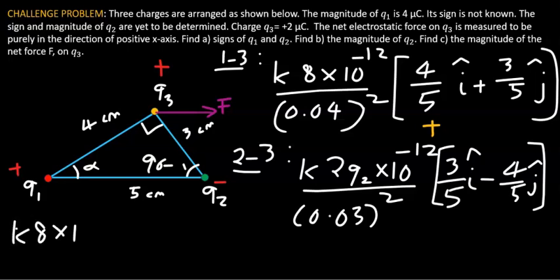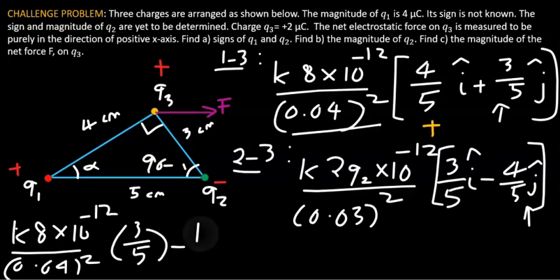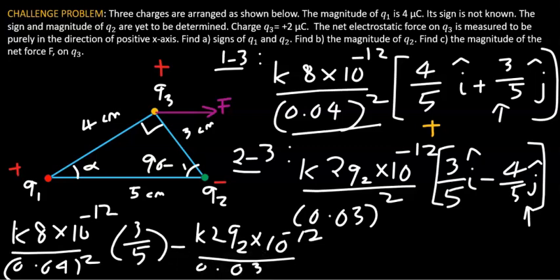K times 8 times 10 to the power minus 12 over 0.04 squared times 3 over 5, so that is this j hat term right there, plus this j hat term, which is a negative number, minus K times 2Q2 times 10 to the power minus 12 over 0.03 squared times 4 over 5.